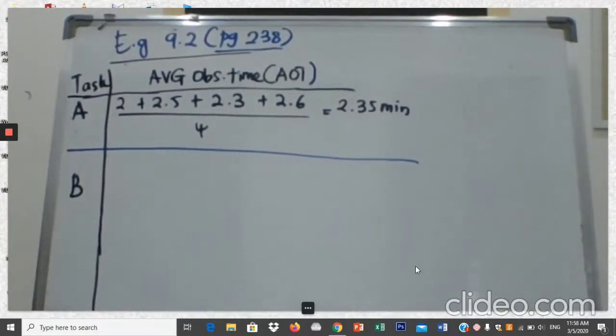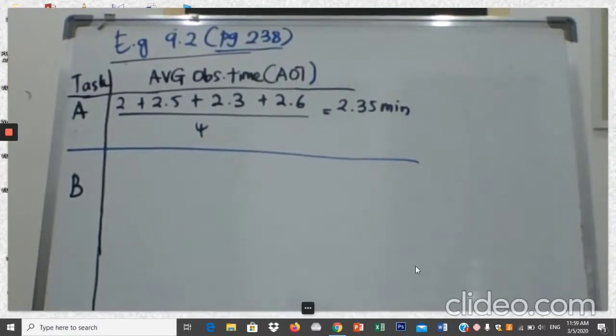Before you start calculating the average observed time, you need to find whether there is any abnormal time or not. Abnormal time here means time that has a huge difference or huge gap compared to the other observation times.